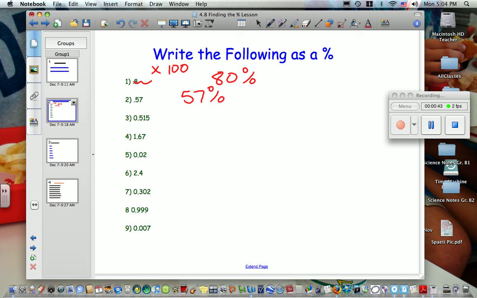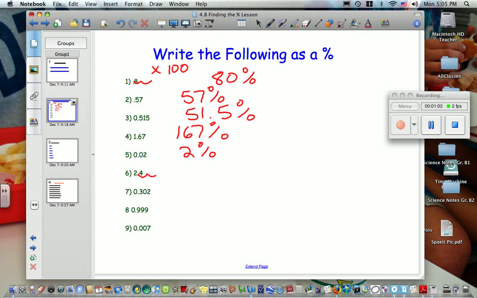Likewise, 0.515, which is three decimal places, you can just move it over two places, which is multiplying it by 100, 51.5%. So all of these is the exact same answer, 167%. 2%.